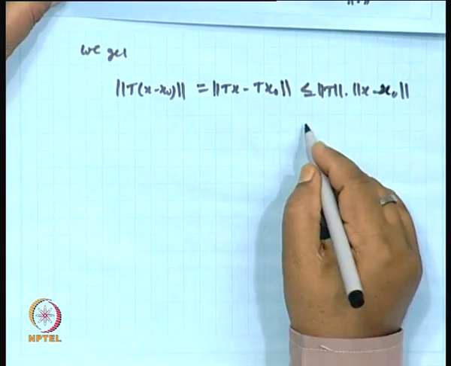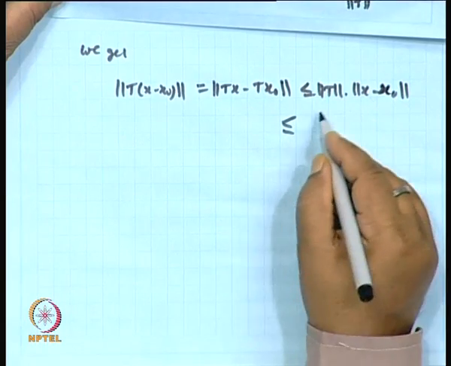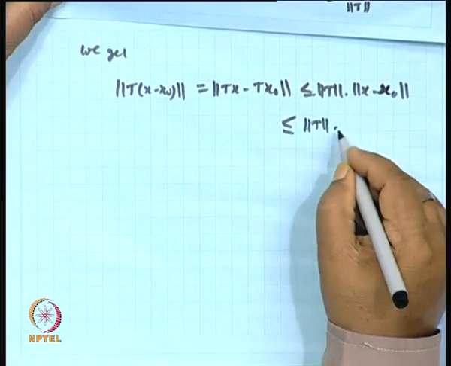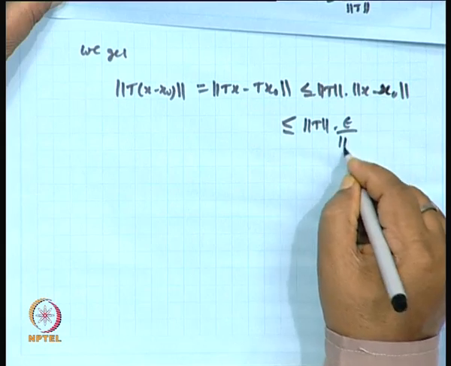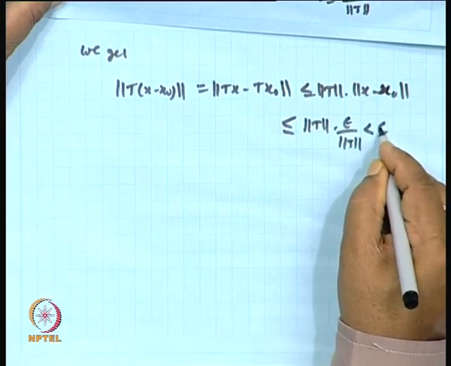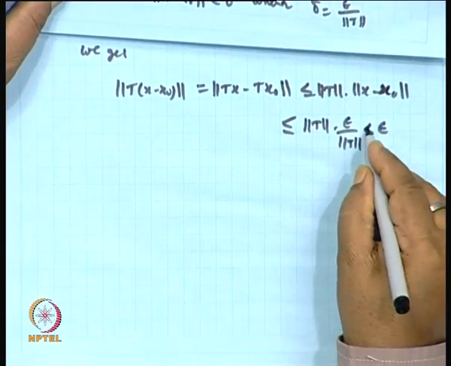And this is less than norm of T times epsilon over norm T. So, it is less than epsilon.